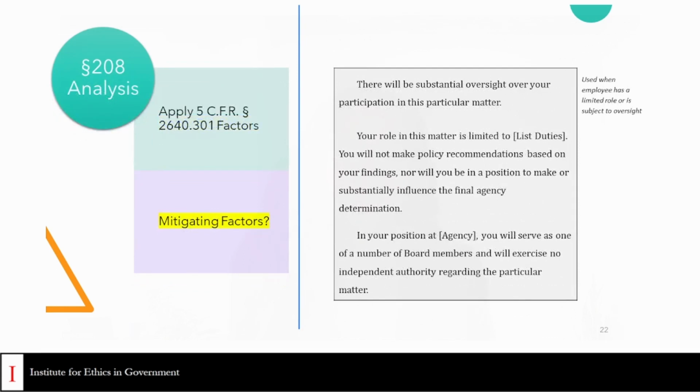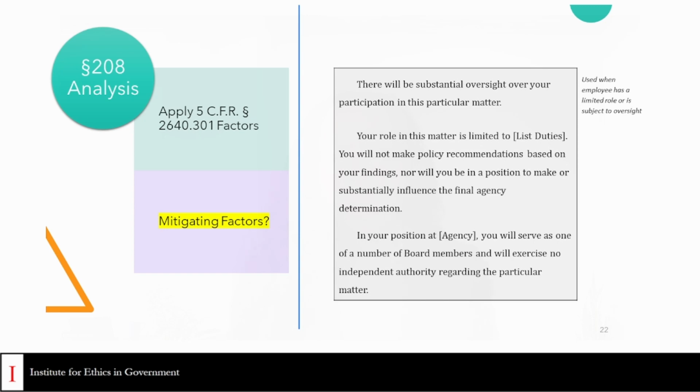In discussing the importance of the employee's role in the particular matter, you also want to consider whether there are any mitigating factors that should be included in the waiver. While mitigating factors do not necessarily speak to the substantiality determination under 18 U.S.C. 208(b)(1), they may support the agency's determination by addressing any potential appearance concerns.